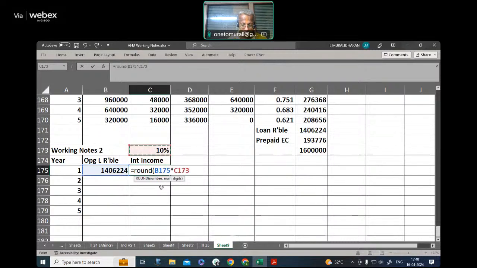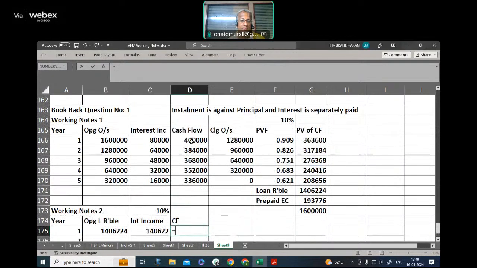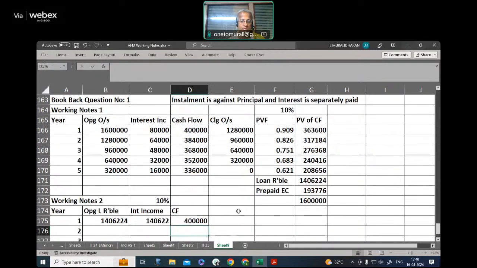The cash flow is this. What is the closing loans receivable? Opening plus interest income minus cash flow.